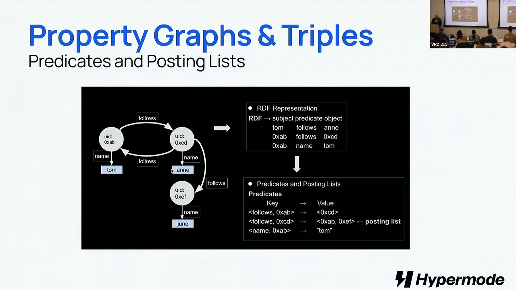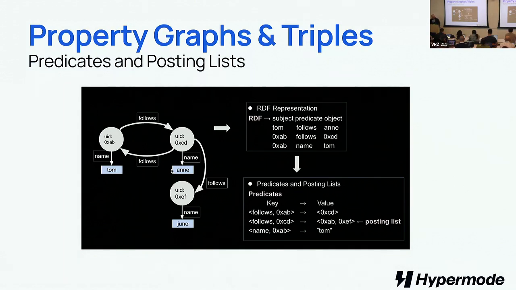And then we need to go into this triple RDF representation. So subject, predicate, object. The subject becomes the unique ID for each node. Like I said, the predicate is either a relationship or the name of a property. Then the object is either a unique ID for a node if the predicate is a relationship, or it is a property value if the predicate is a property.